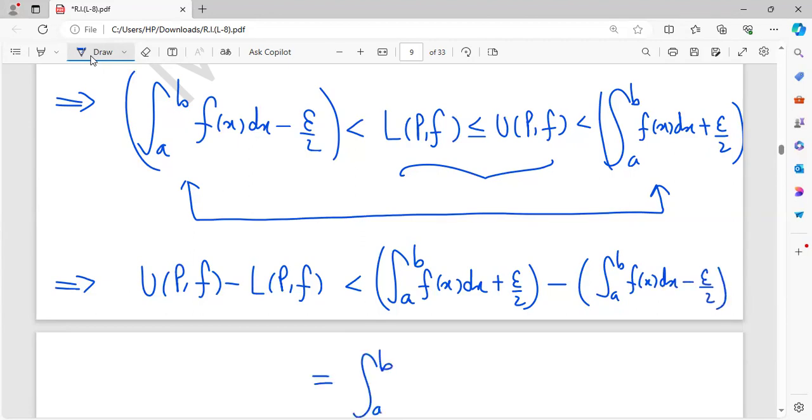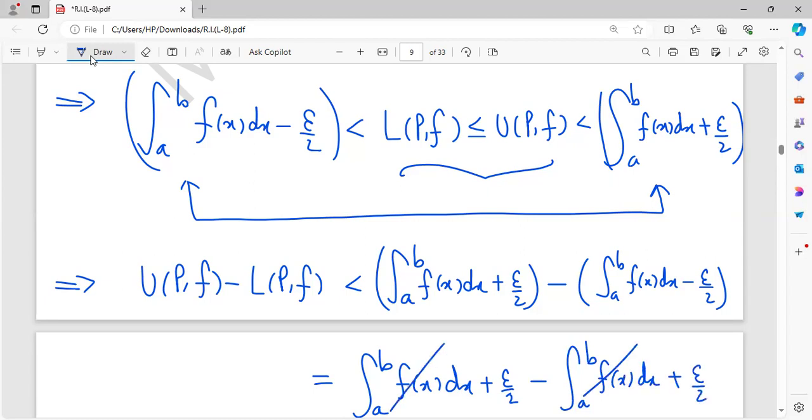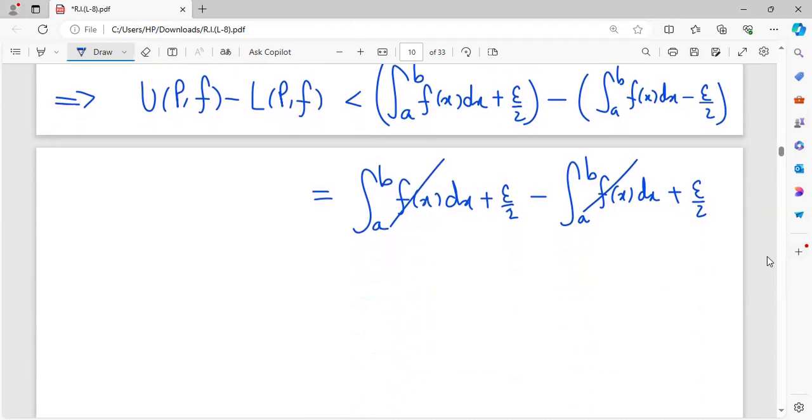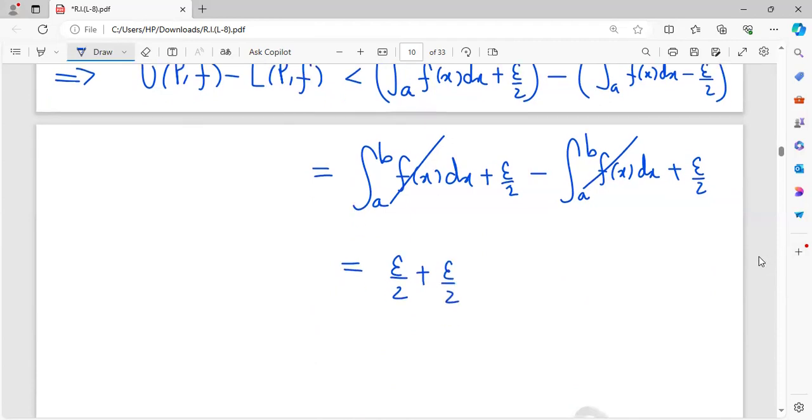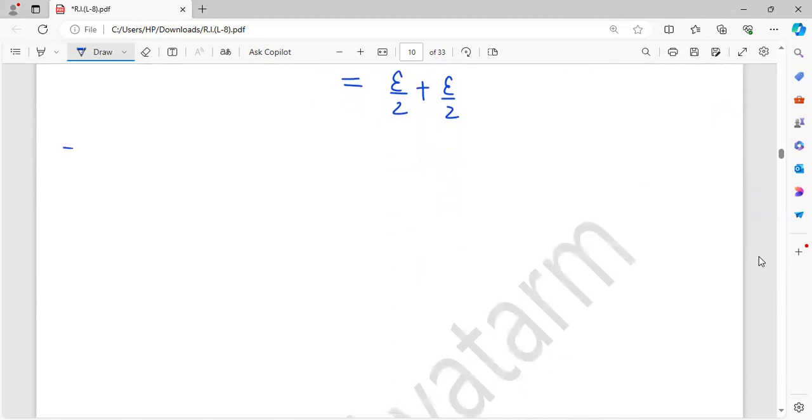Just open the minus sign and bracket. This is cancelled. So this implies epsilon by 2 plus epsilon by 2, so U(P, f) minus L(P, f) is less than epsilon.